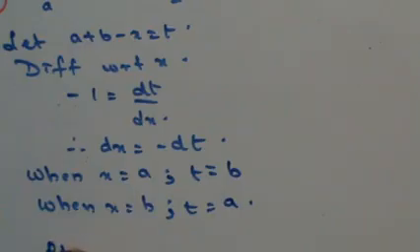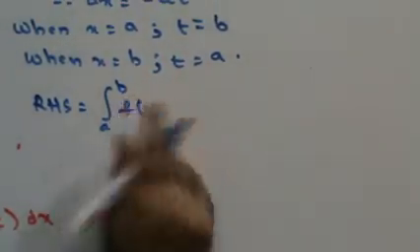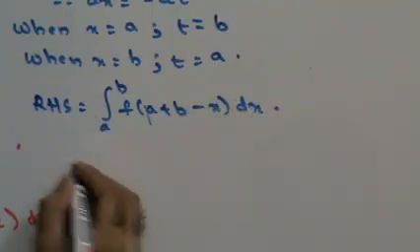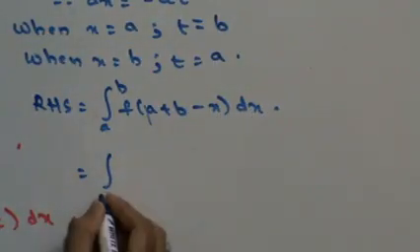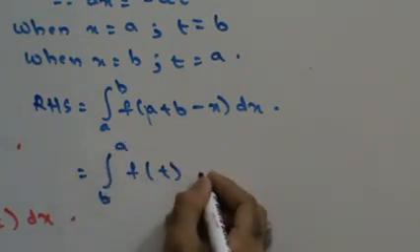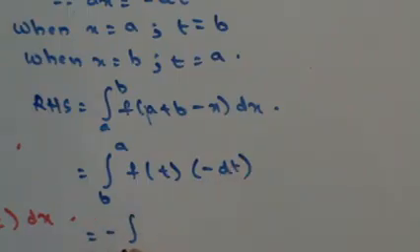Let's start with the right hand side. Integral of a to b f of a plus b minus x dx can be written as, instead of a I can write b, instead of b I can write a. f of t, and dx is nothing but minus dt. Get the minus sign out.